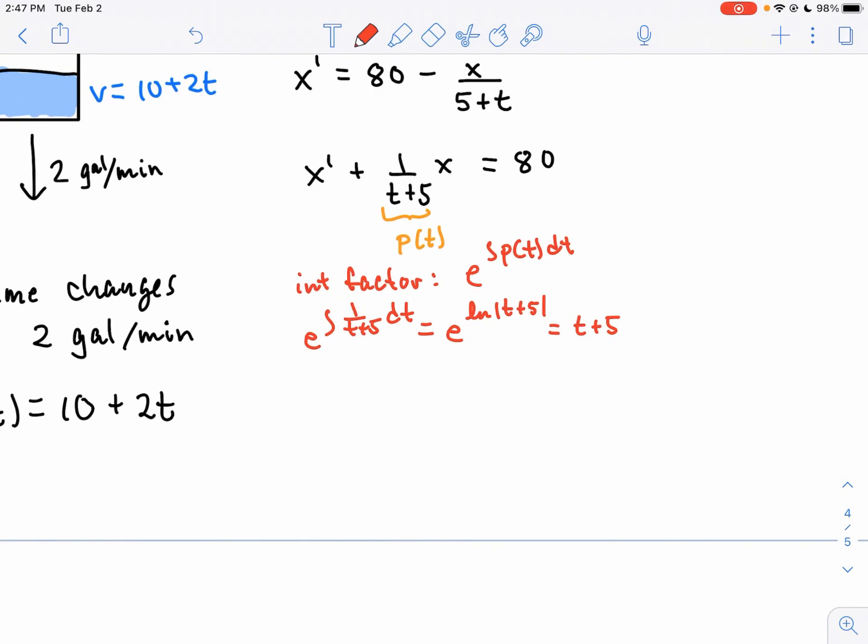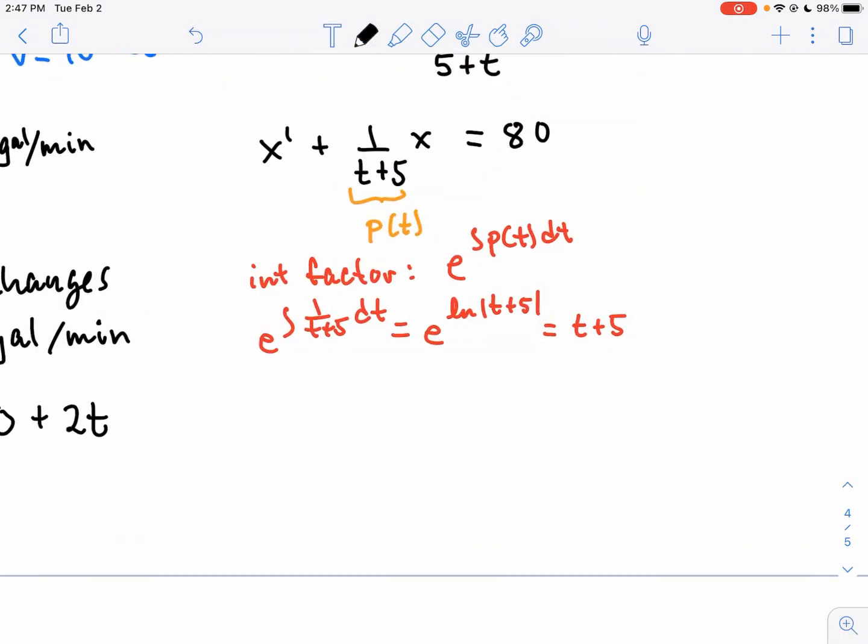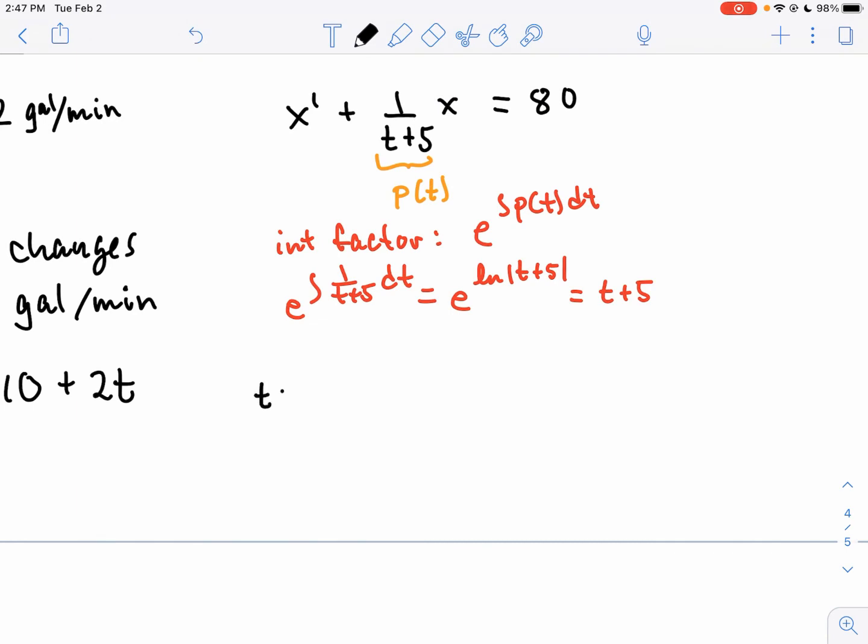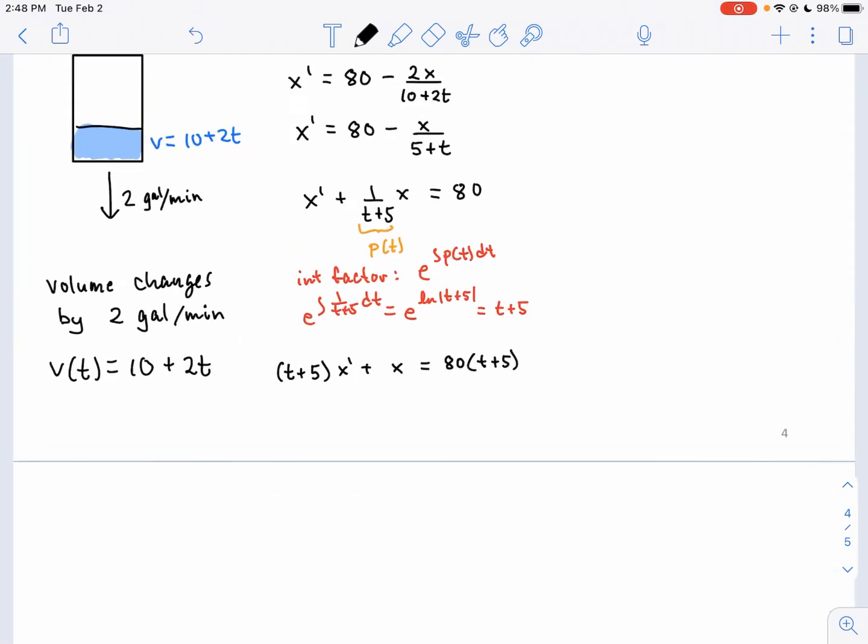So multiply both sides by t plus 5. So we're going to get just a 1 times x here. Okay, and here's our result. T plus 5 times x prime plus x equals 80 times t plus 5.